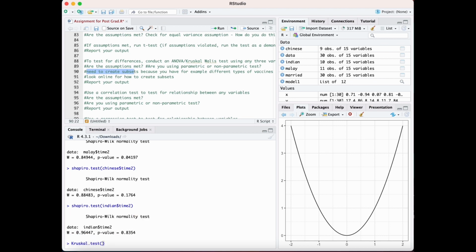Kruskal.test. Okay, so time 2, ethnicity, data is equal to data.